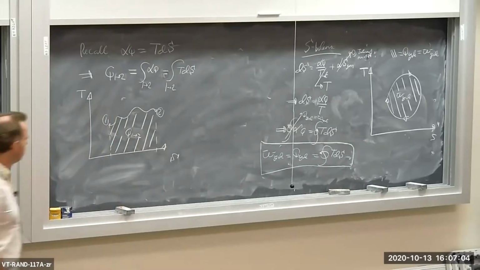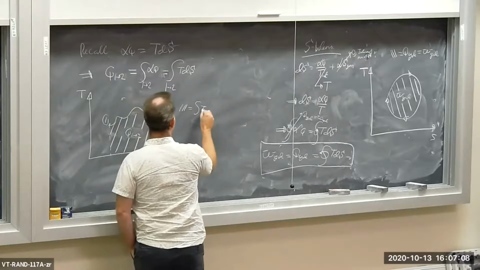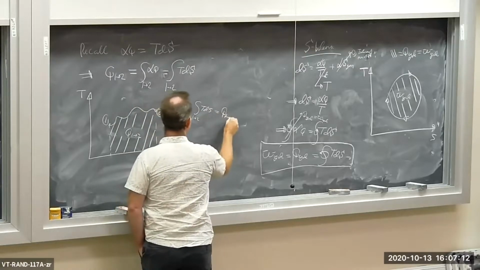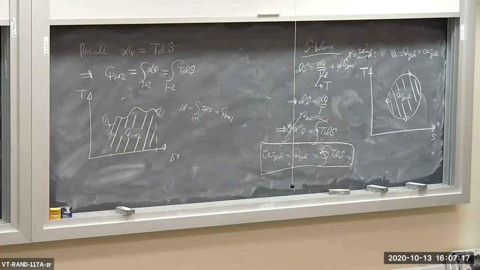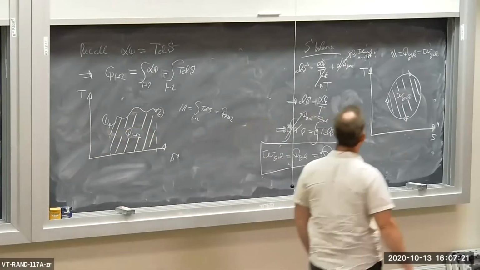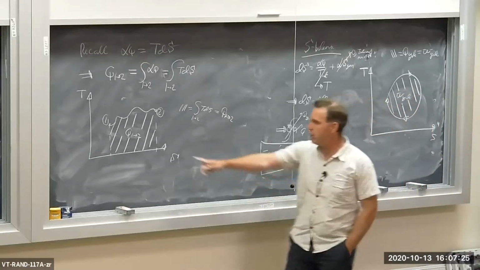Okay? This area, which is the integral of T dS, is equal to the heat transfer from 1 to 2. Okay? So the TS diagram, unlike the PV diagram, not only shows you the work, but it shows you various heat transfers.